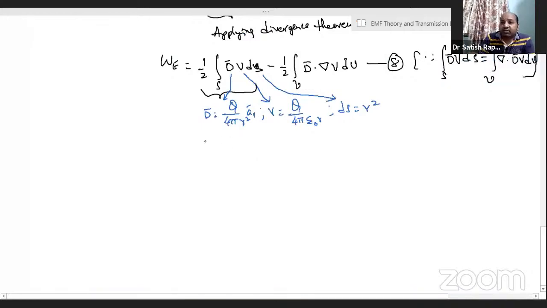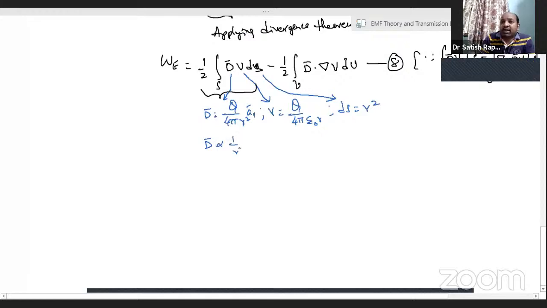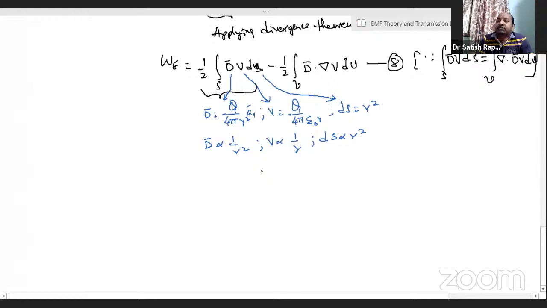So from this we can say that D bar is proportional to 1 by r square, V is proportional to 1 by r, and dS is proportional to r square.